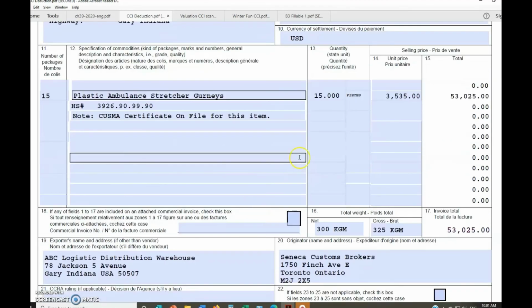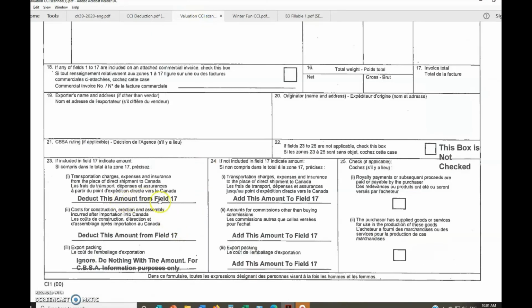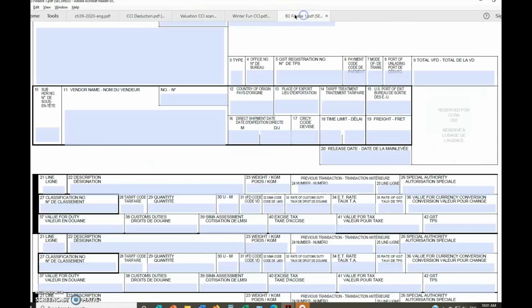Okay, so the main thing to do here is remember that you have to take this amount and subtract, because this says deduct this amount from field 17. Okay, and you're going to put the answer in field 36, and then calculate duties as is going on. Make sure you put in the right value for duty code and the right tariff treatment and the right duty rate, because this item qualifies for CUSMA.